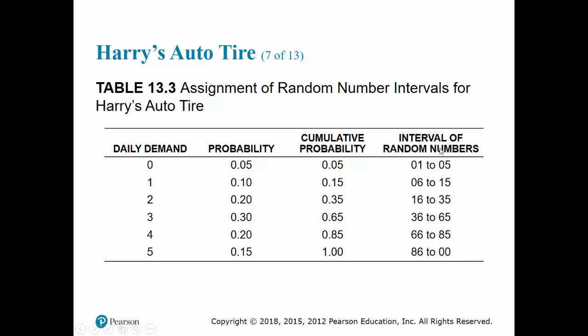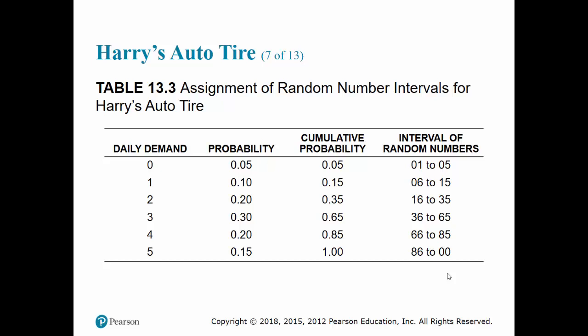If you have two-digit numbers, we will associate this range with demand of 0, this range with demand of 1, and so on. If they all have the same probability of getting selected, just imagine a huge vat of coins. Each coin is numbered 01, 02, 03 all the way through 00, so 100 coins.